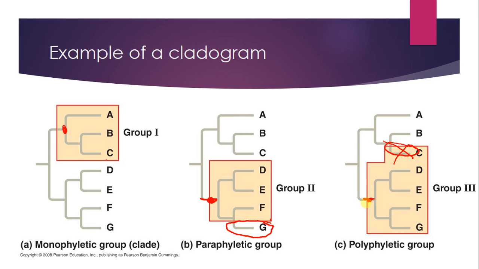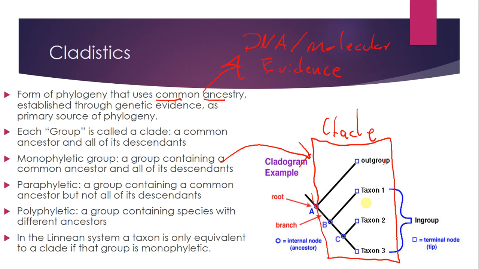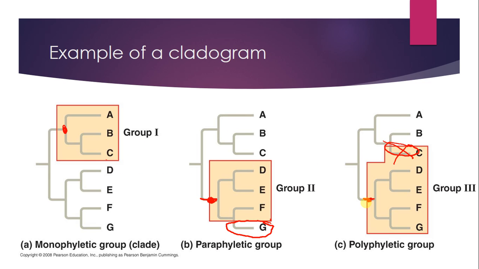Why is this important? Because we're trying to bridge the Linnaean system of taxonomy and the cladistic system. The Linnaean system for a taxon, like a genus, is only equivalent to a clade if that group is monophyletic. So, when we started looking at molecular evidence, those groups like Animalia, like Mammalia, are not monophyletic groups, meaning they all don't share one common ancestor, for example.